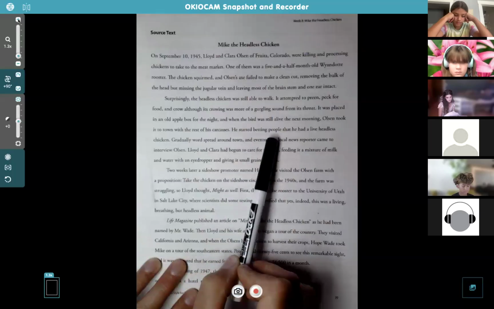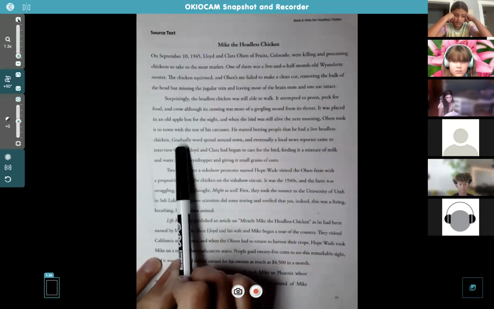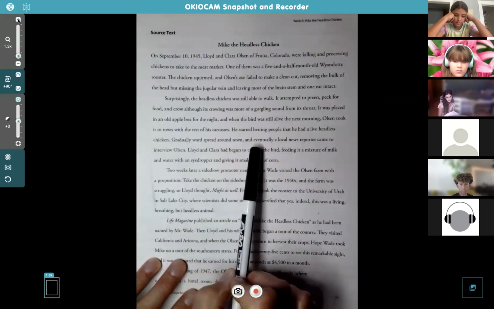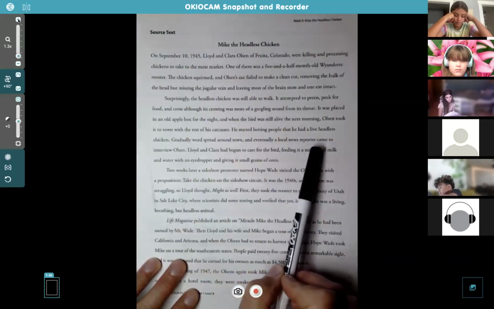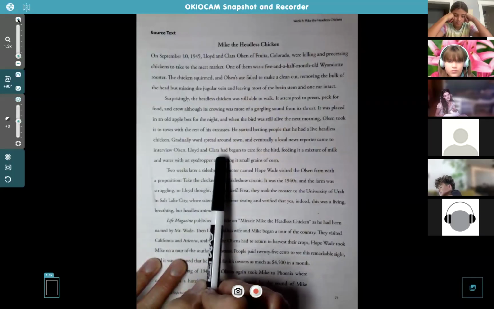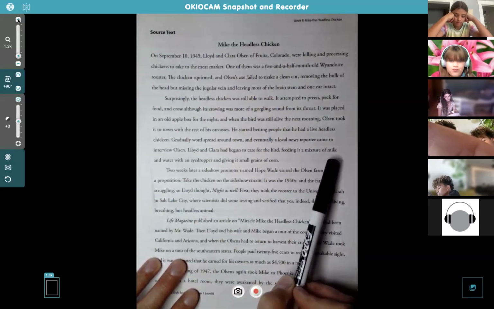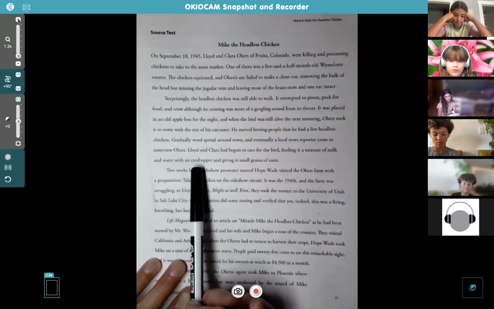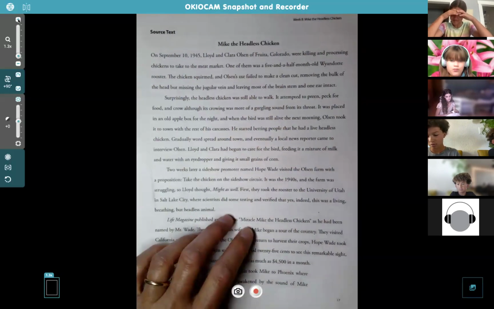He started betting people that he had a live headless chicken. Gradually, word spread around town, and eventually a local news reporter came to interview Olson. Lloyd and Clara had begun to care for the bird, feeding it a mixture of milk and water with an eyedropper and giving it small grains of corn.